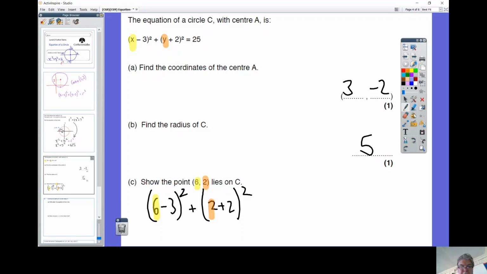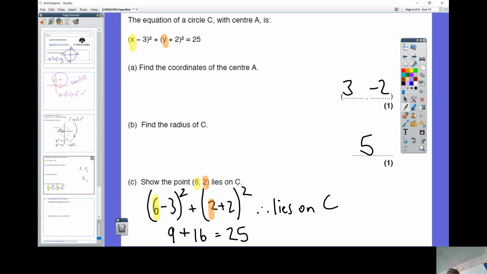So 6 minus 3 is 3, 3 squared is 9. 2 plus 2 is 4, 4 squared is 16, and 16 and 9 does equal 25, and then you say, therefore it sits on the circle, therefore lies on C. If it did not equal 25, you just say, does not lie on C.